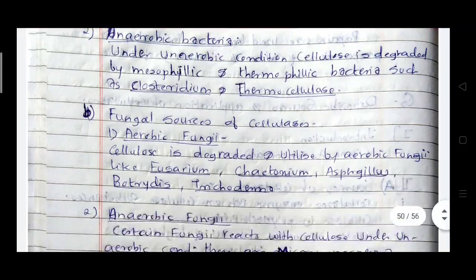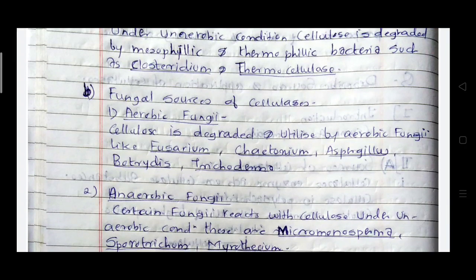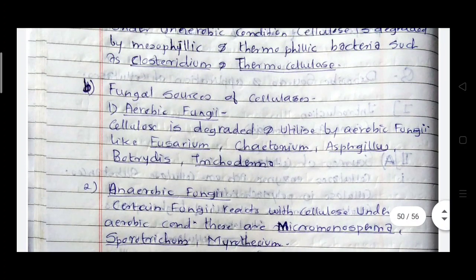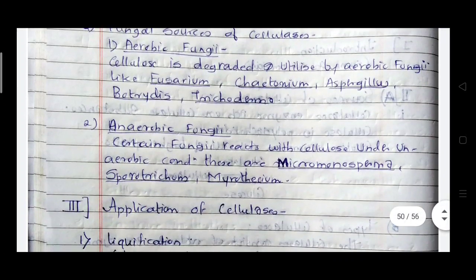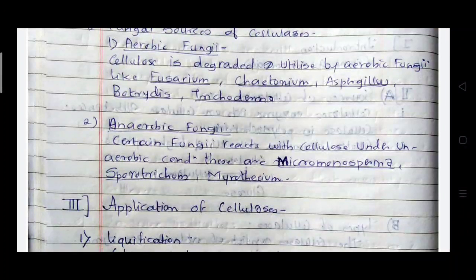Then second, fungal sources of celluloses are both aerobic as well as anaerobic fungi. Cellulose is degraded and utilized by aerobic fungi like Fusarium, Chaetomium, Aspergillus, Botrytis, Trichoderma. These are the aerobic fungi. They can degrade the cellulose substrate. Then anaerobic fungi. Certain fungi react with cellulose under anaerobic condition.